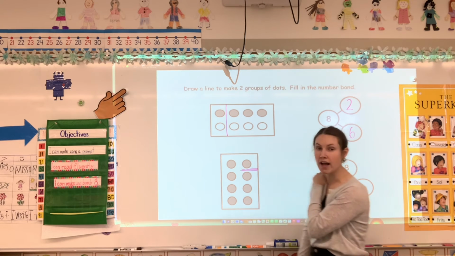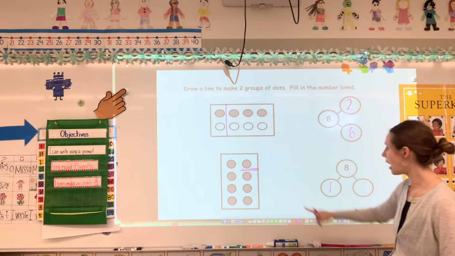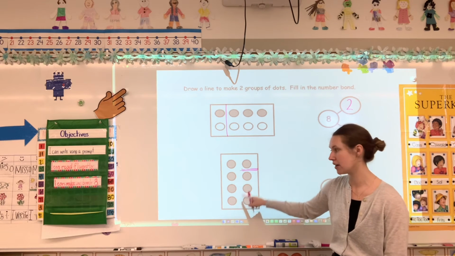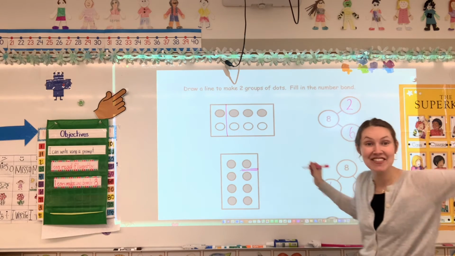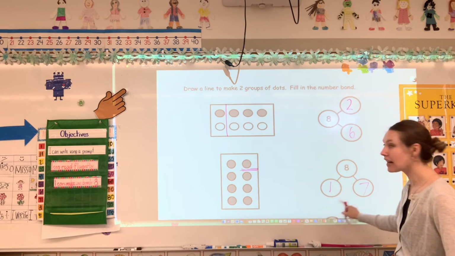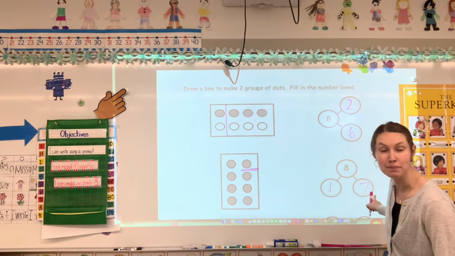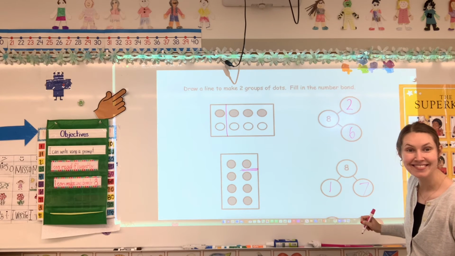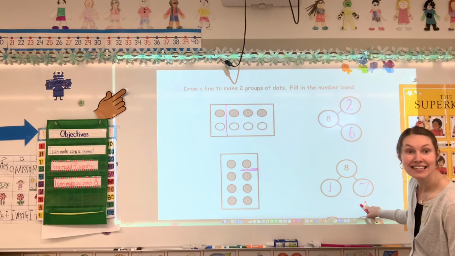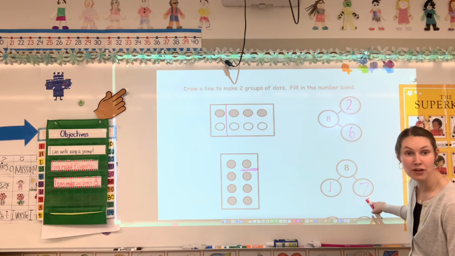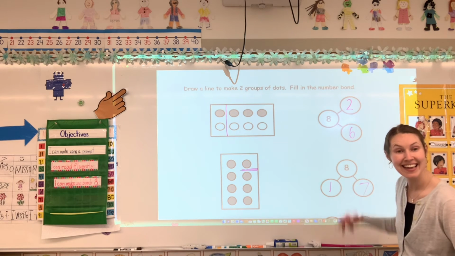I just have 1. How many do I have on the other side of my line? I have 7. Now, what did I show with this drawing and with my number bond? I showed that 8 is 1 and 7. 1 and 7, when you put them together, make 8.